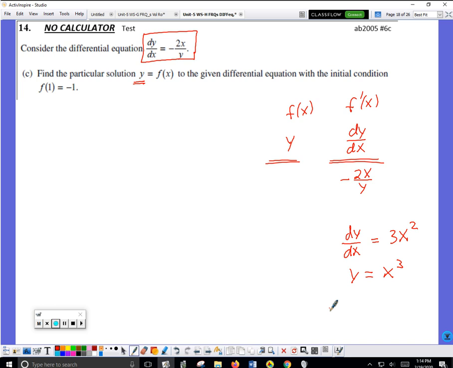If this is the derivative of something, then this is the function itself. What makes this more difficult is this formula for dy dx contains both an x and a y. So it's not as easy as just looking at it and writing down the answer. But that's all we're doing. They're giving you this, you're trying to find this. Question? So don't let the wording bother you, please.